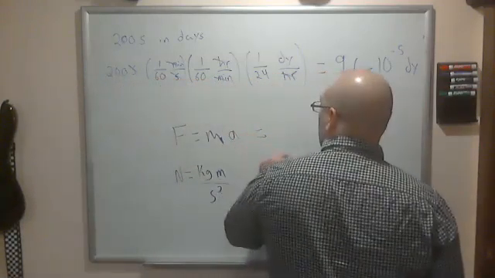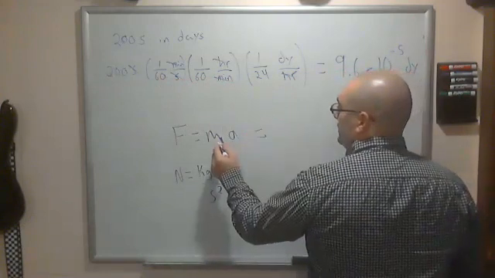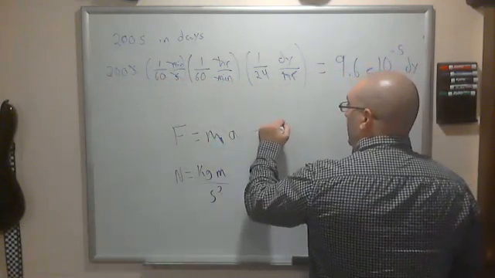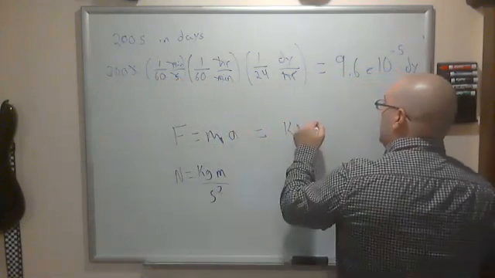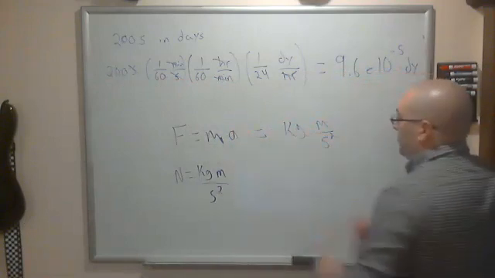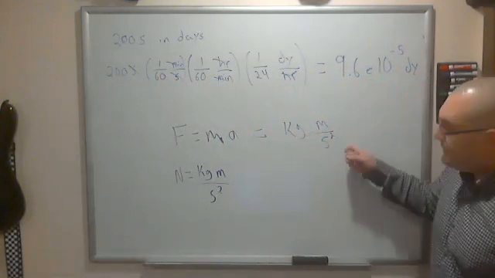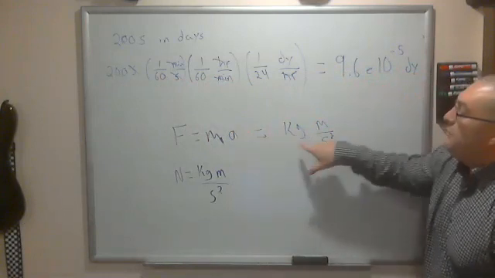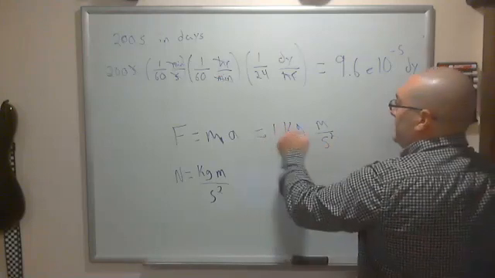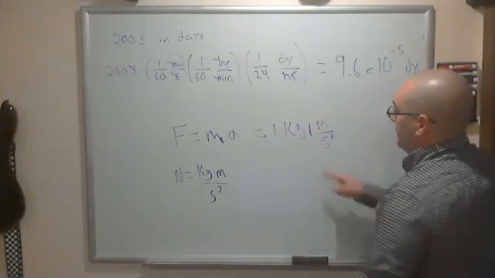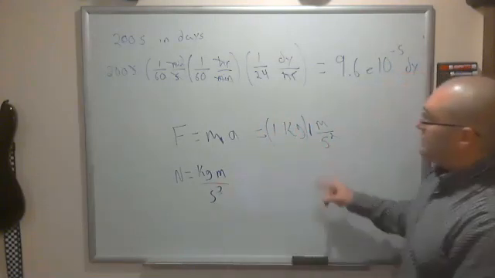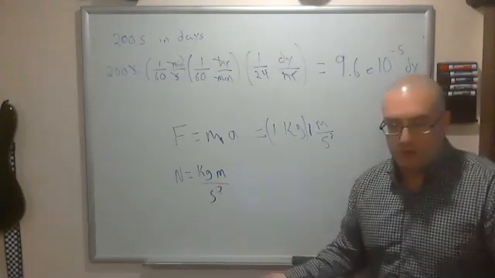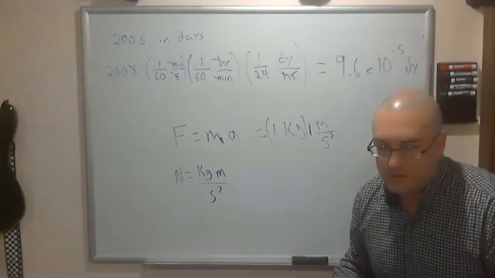This is mass, so I'll have kilograms, and then acceleration is meters per second squared. Don't worry about it, we'll explain this later. And as we can see, when we plug in the numbers, let's say we have 1 kilogram and 1 unit of acceleration, we can see that this is the same units. And this is important when you're doing harder calculations.